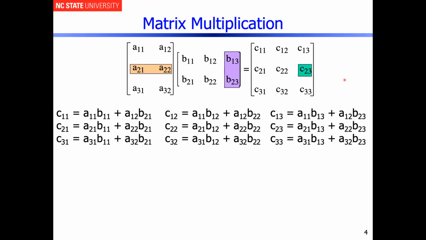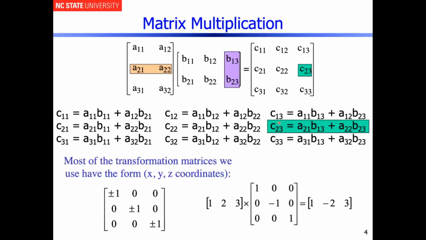And you can kind of see that's exactly the way it lays out. And that would effectively be, again, A21 times B13 plus A22 times B23. The sum of that is the value of the matrix element that's in the product matrix.